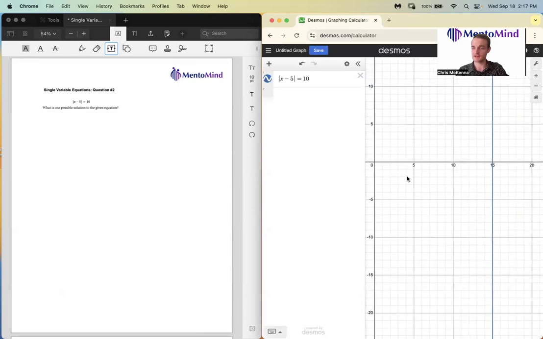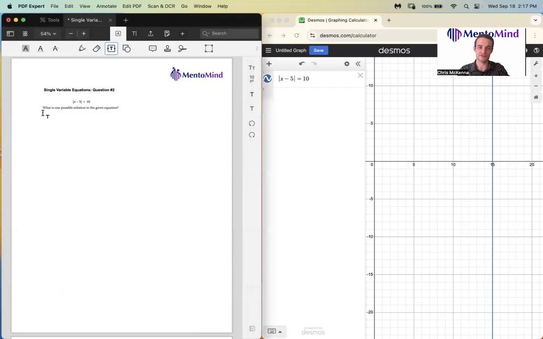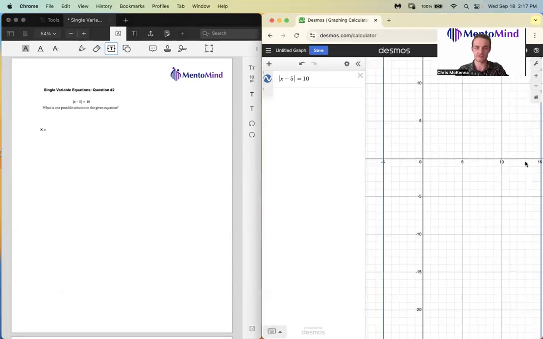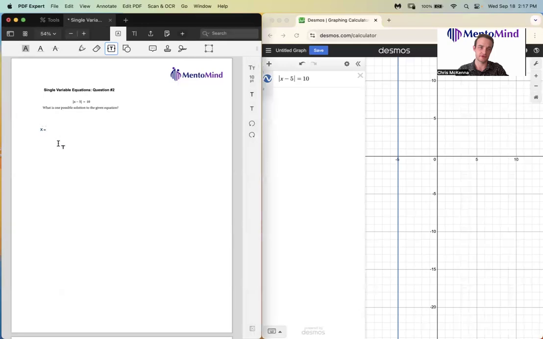We have one at x equals -5 and another at x equals positive 15. And so those are the two solutions to this equation, okay? And that's it. Our work is done. So that's all there is to it. Just punch in the equation, and the vertical lines indicate the two solutions.